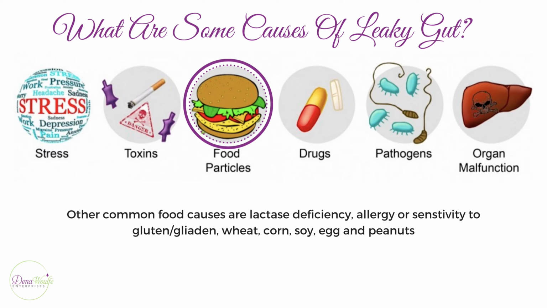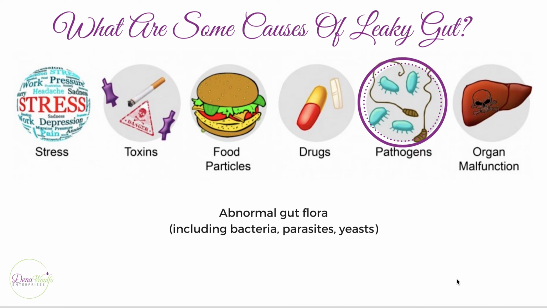Allergies or sensitivities to gluten or gliadin, wheat, corn, soy, eggs, and peanuts are extremely common food intolerances, with food particles slipping through, making that gut extremely leaky and causing a whole bunch of symptoms, right? Especially brain fog, trouble with memory, trouble with focus, ADD, ADHD. It really starts to affect the brain, especially with gluten, wheat, or gliadin, okay?